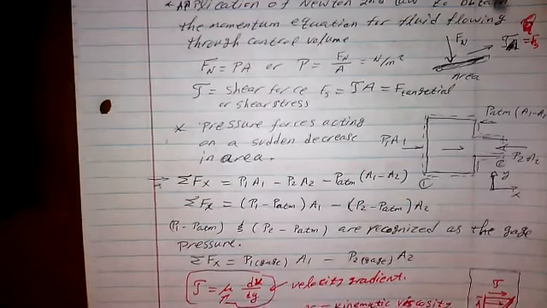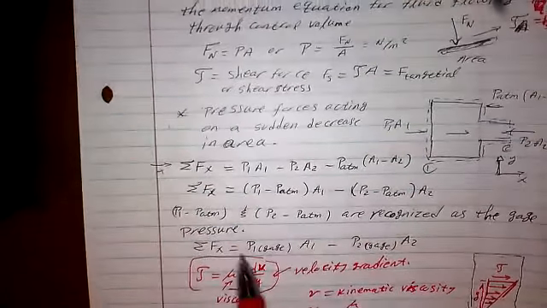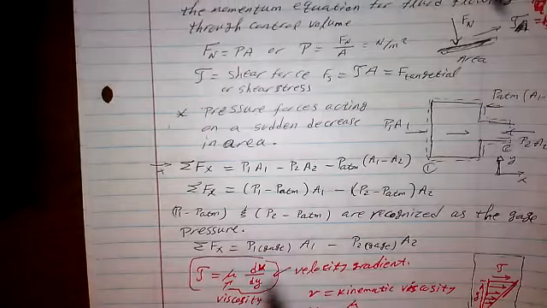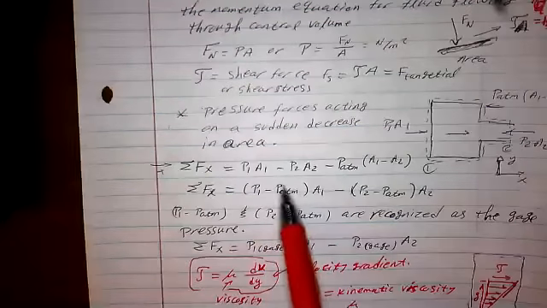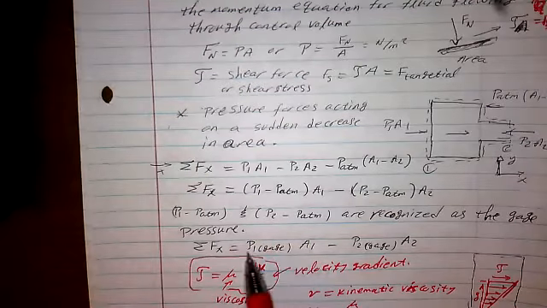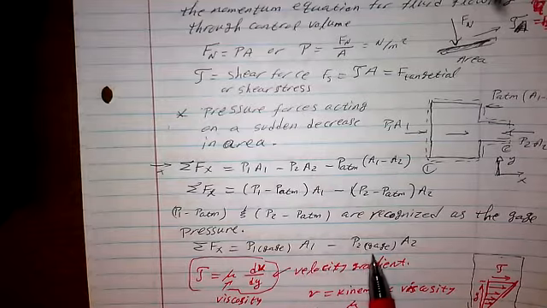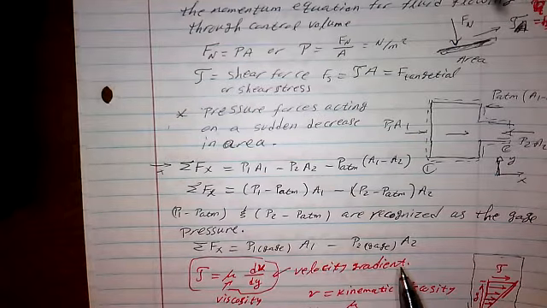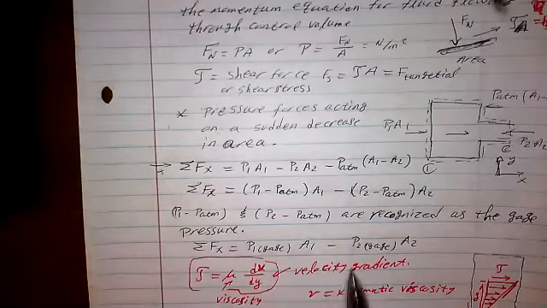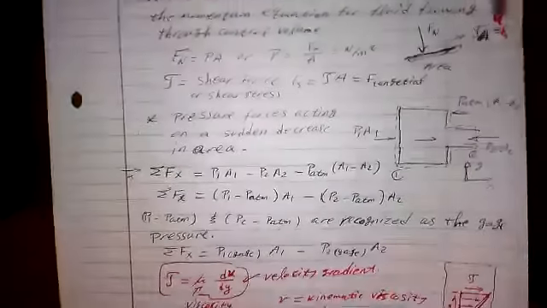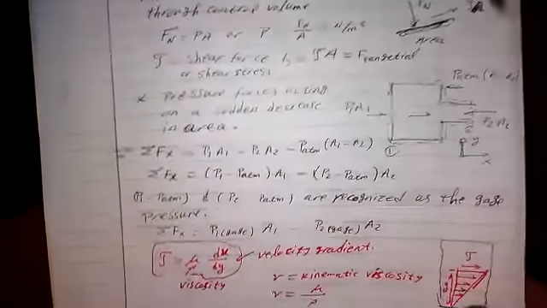The summation of forces in the x direction is then the gauge pressure P1 times A1 minus the gauge pressure P2 times A2, because you can measure the gauge pressure from the dial indicators. And we have this formula for the summation of forces, because there are no forces in the y direction.